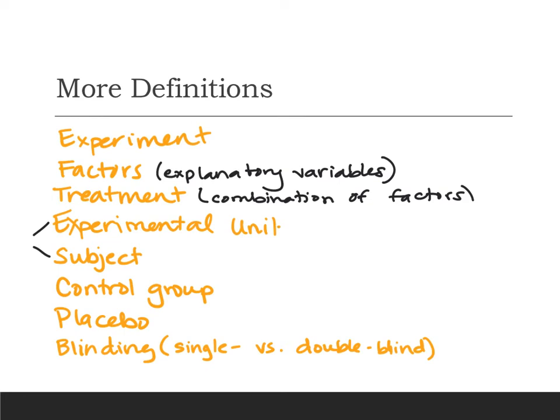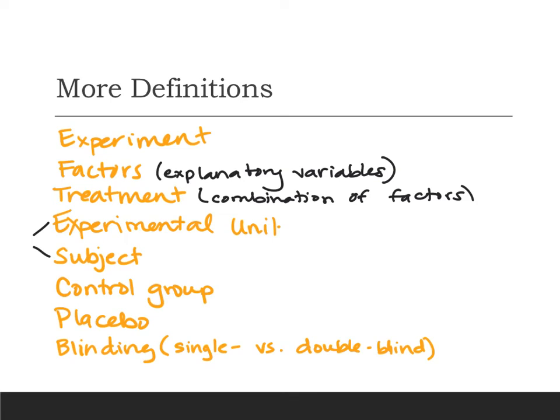A placebo is also not always necessary. So a placebo is something that's supposed to have no effect. So it could be like a sugar pill. Well, if you're testing different types of rabbit food, you don't want to have a rabbit food that has no effect. I mean, you still want to feed your animal that you're testing the rabbit food out on.